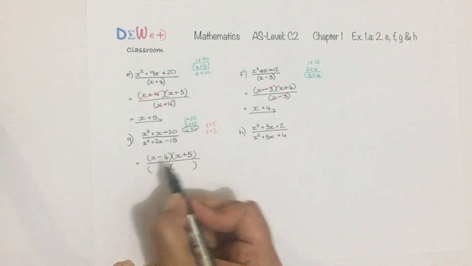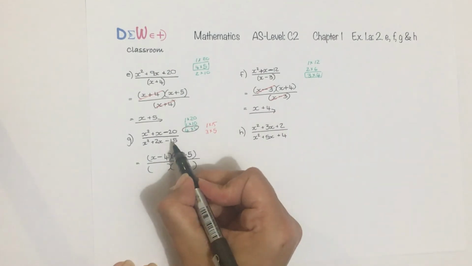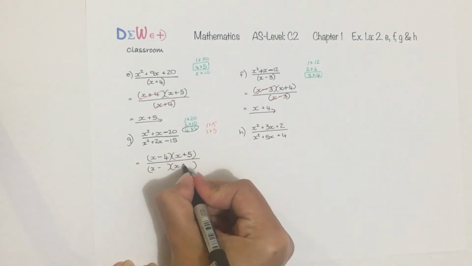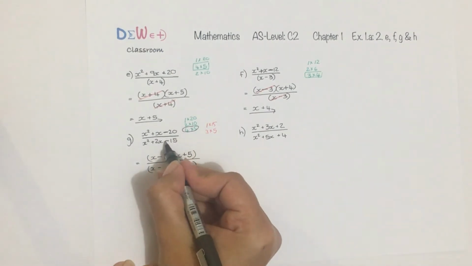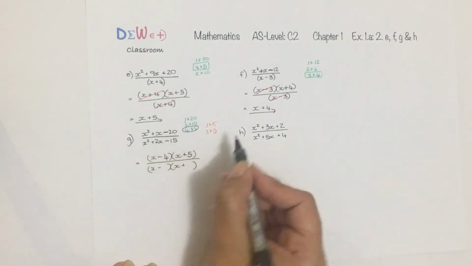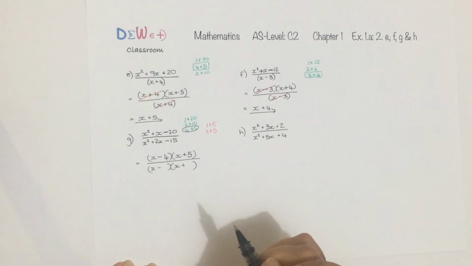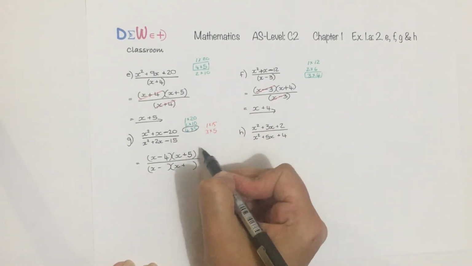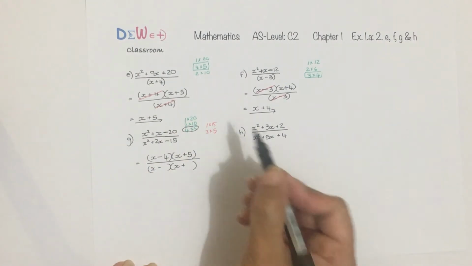Right, then we move on to the bottom. We've got a negative sign there, so we know that we're going to have two different signs at the bottom. And because it's a negative, we need to subtract two of our factors to give us a plus 2. 5 subtract 1 will give us 4, 5 subtract 3 will give us the 2 that we want.